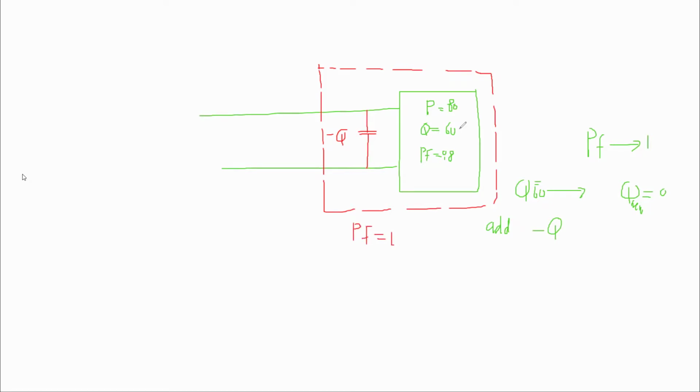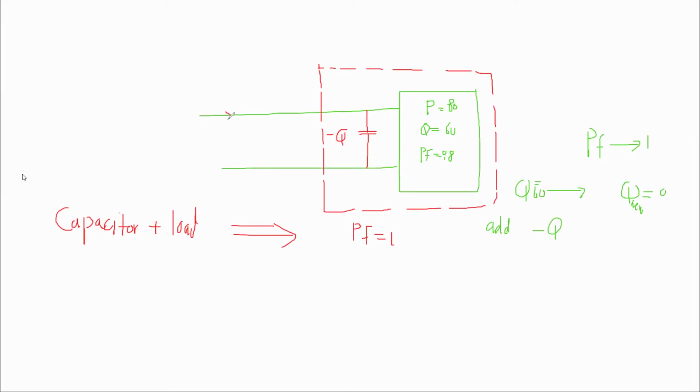So the load is still the same, but when I add a capacitor next to the load, I have the new load, the capacitor plus the load, which will have the new power factor.